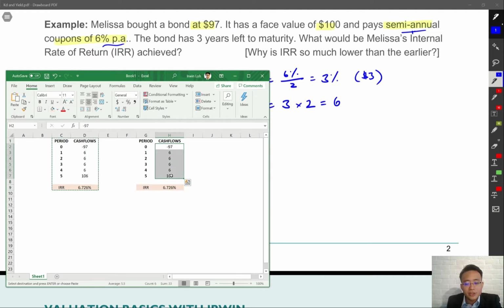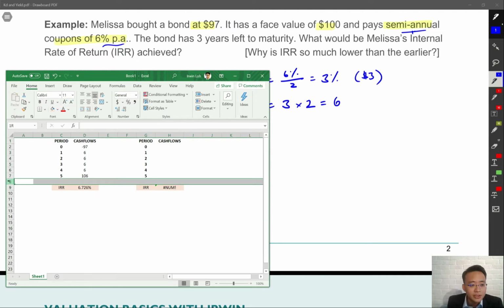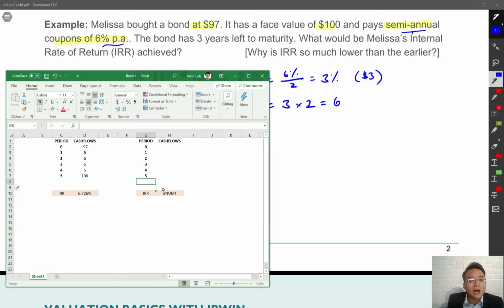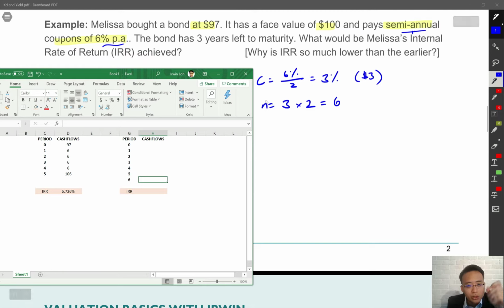I'll remove all these cash flows because they may not be relevant. And let me just insert one row. Now, in our next IRR calculation, alright, same thing. Put down all the periods. I have 6 periods in my question, right? Let me just pull slightly more so you can see the n. The n is 6. My coupon is $3.